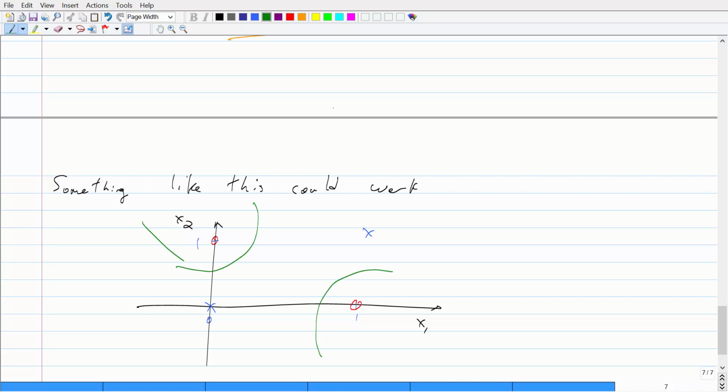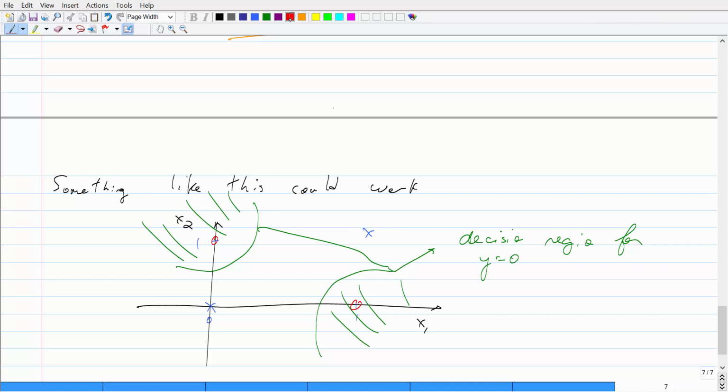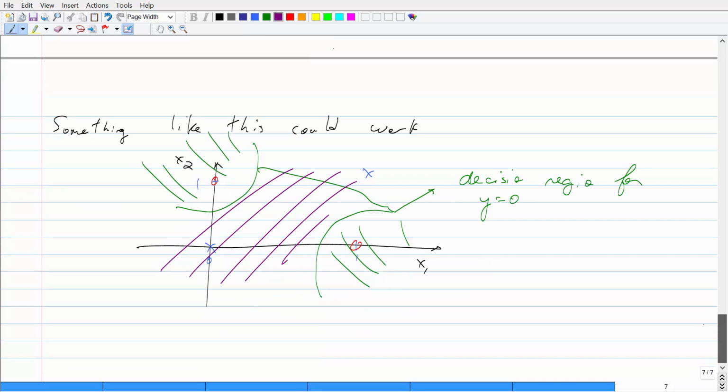So then anything defined here, so here is the decision region for y is equal to 0. And then you can have something like this inside here. And this would be the decision region for y is equal to 1. So something like this instead.